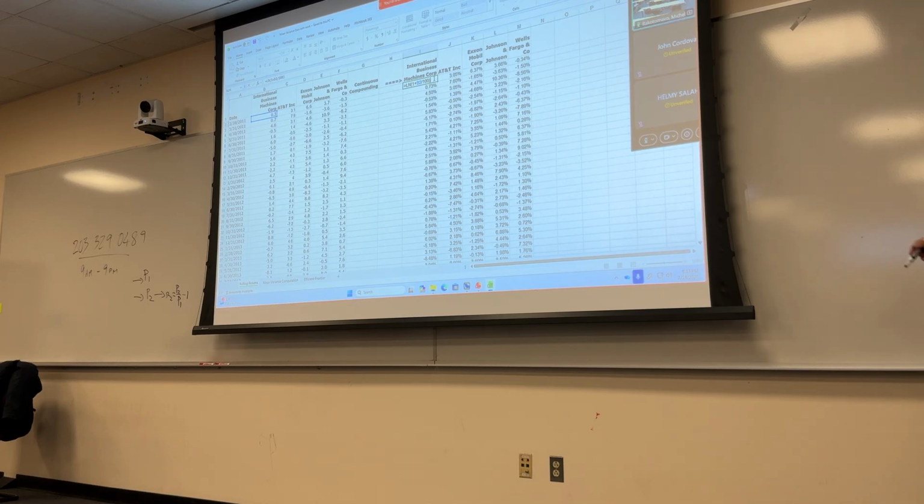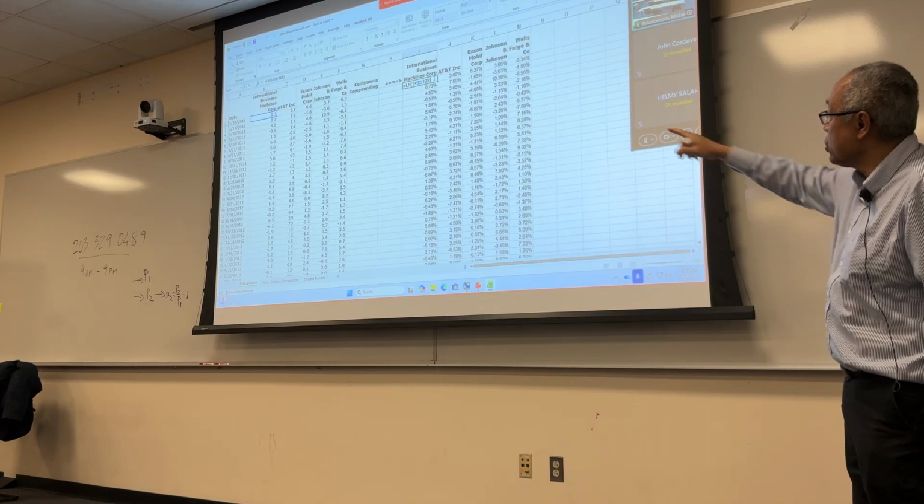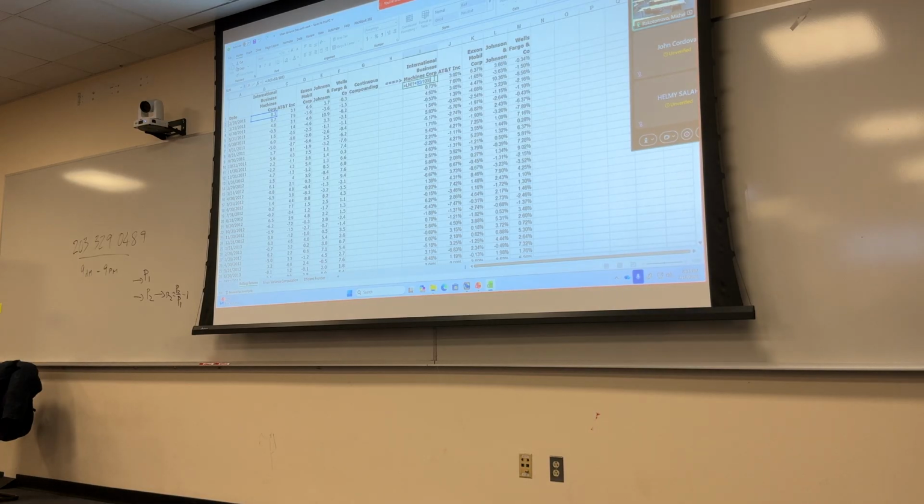Here I divide it by 100 because the original returns were not divided by 100. So you do this: log of 1 plus r.